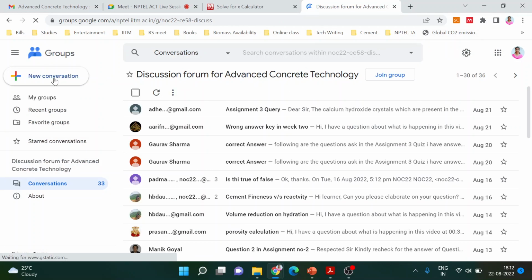Here there is an option called new conversation. If you click that, you can put your question. Okay, ma'am, I'll try it out because this icon was not reflecting in my mail. You have to log into the NPTEL website. From the course page, ask a question will be there, and from that you can raise a question. Okay, ma'am, I'll do that. Thank you.